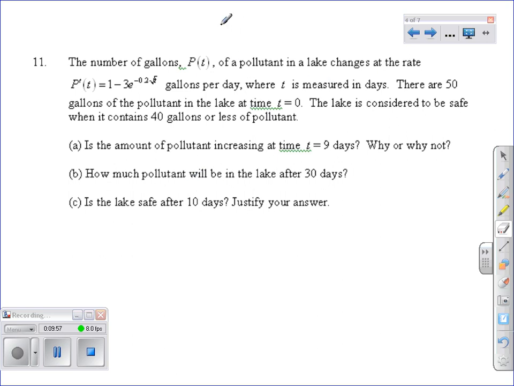Alright, so here we have a rate problem. The big thing you need to know is when you integrate a rate, you get an amount. So it says, is the amount of pollutant increasing? Okay, increasing or decreasing, you should think about derivative. Well, the amount is going to be equal to the integral of this rate. So if we look at increasing or decreasing, we should be looking at the amount prime.